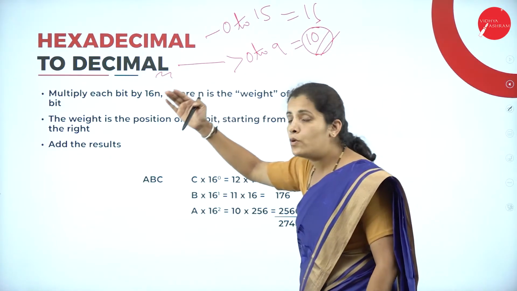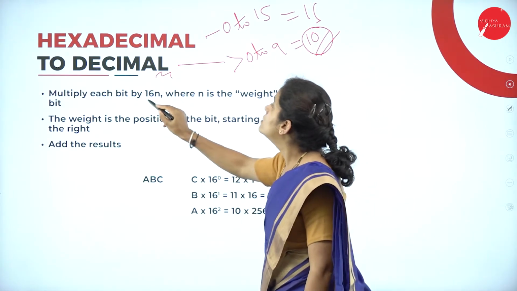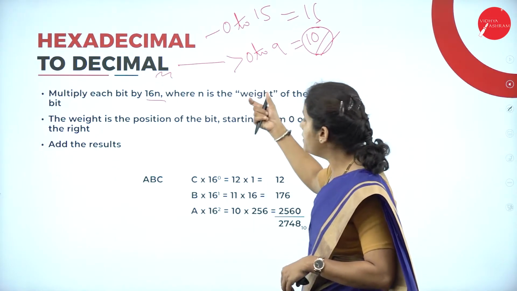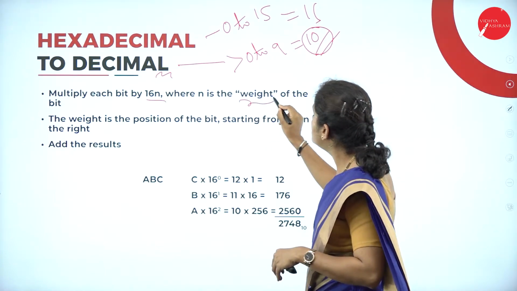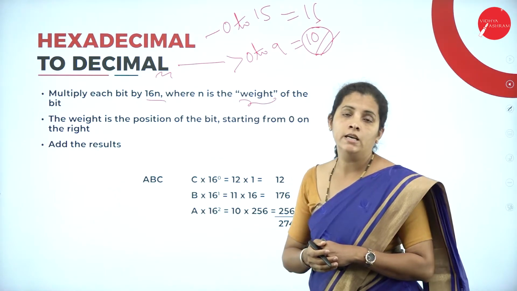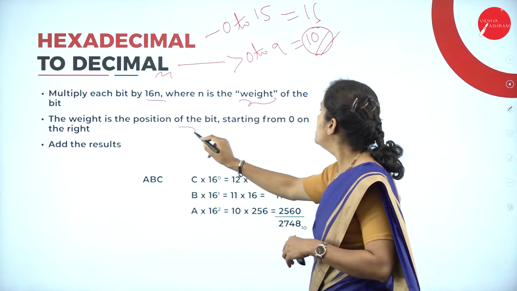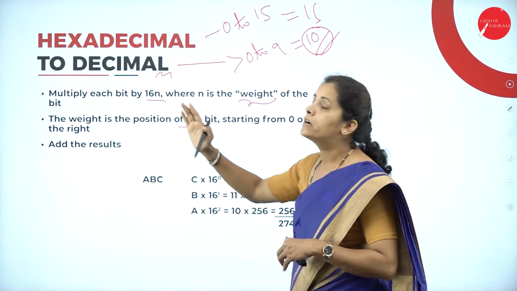So here I'm going to multiply each bit by 16 to the power n, where n is the weight of the bit. I repeat, where n is the weight of the bit. Here weight is nothing but the position of the bit starting from 0 on the right.